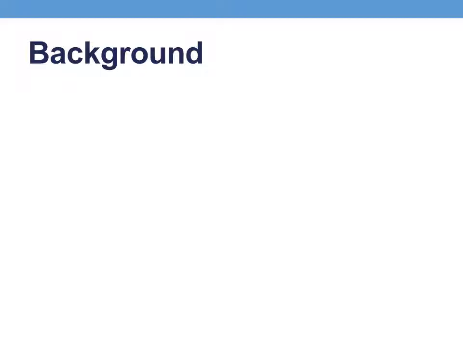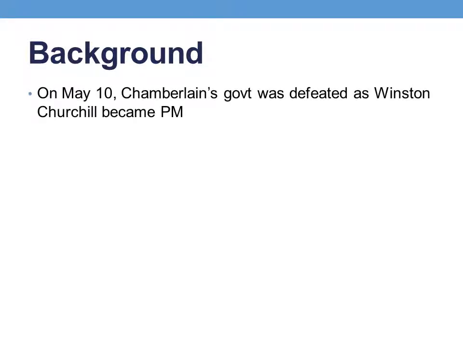Now, here is some background. On May 10th, Chamberlain's government was defeated as Winston Churchill became prime minister. Chamberlain had basically promised that he had delivered peace to Britain and to Europe with the Munich Agreement.